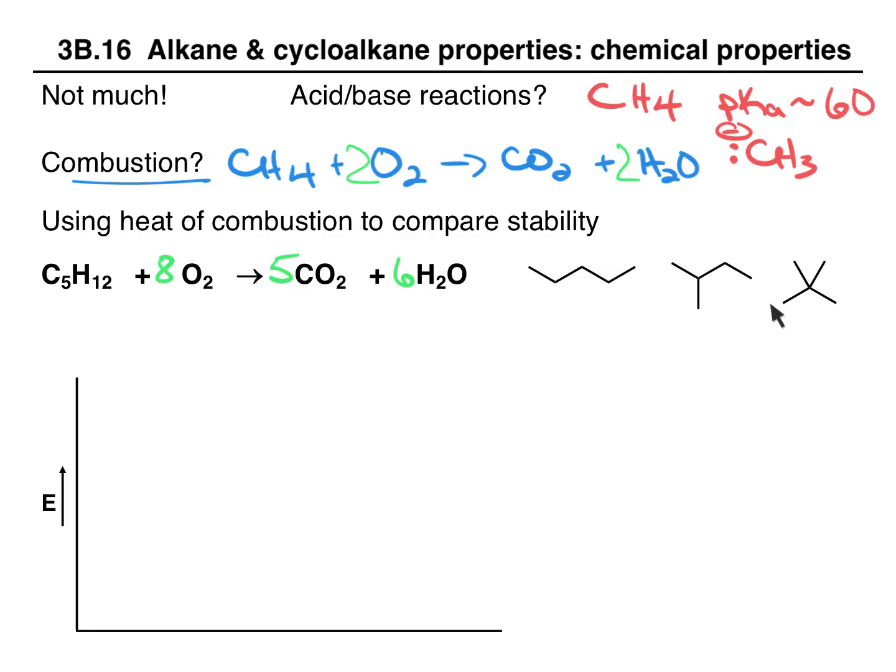Now, because these have the same molecular formula, we're talking about the exact same balanced equation. Now, in Gen Chem, you probably looked at ways to calculate the delta H, the heat of reaction. Well, in particular, we can use the delta H, specifically of combustion, and we can use this to give us information about our compounds.